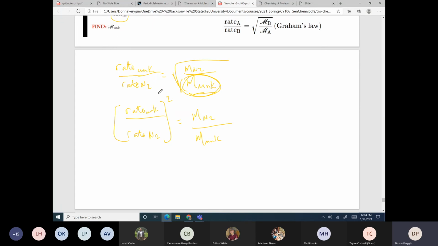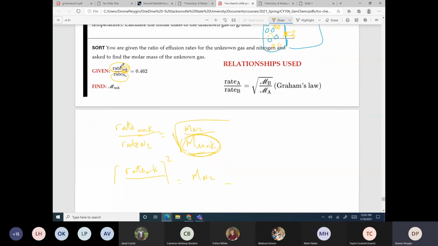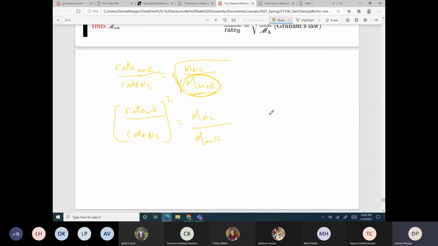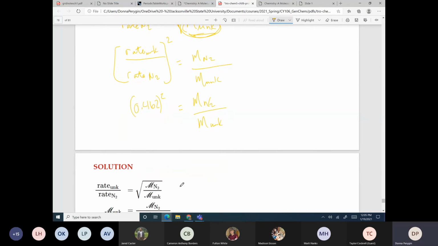All right, so we know that the rate of the unknown to the rate of N2 is 0.462. So 0.462 squared is equal to the molar mass of N2, which we can get from the periodic table, divided by the molar mass of the unknown.